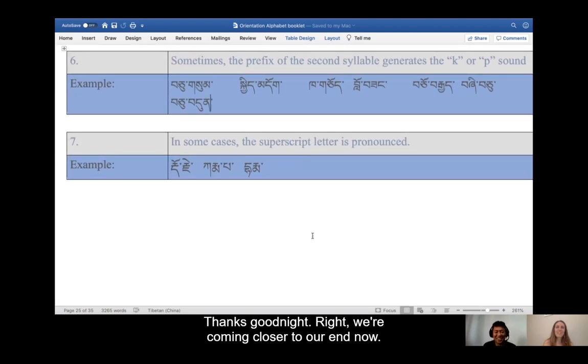Right, we're coming closer to our end. Now, the 7th example is that sometimes the superscript letter, especially when it's ra, is actually pronounced. Here we're going back to what Genla was telling us in our previous video when we were discussing some of the sound transformation produced by some of the stack letters that render the Sanskrit pronunciation.